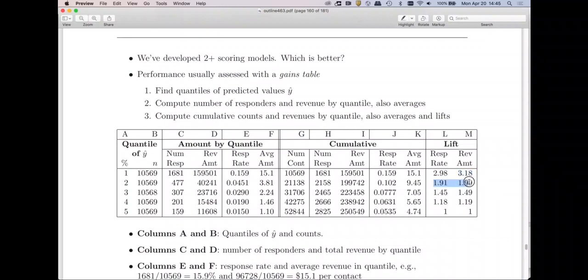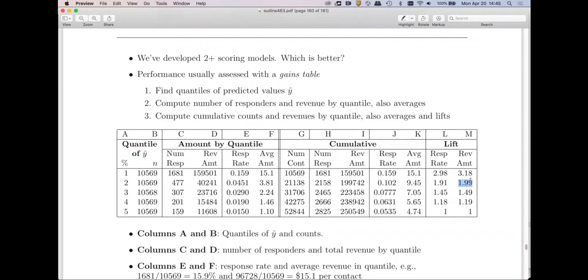So we could interpret the second decile in the same way, where you can see that instead of getting a 5.35% response rate, using my model, I'm up to 10% cumulative response rate. And so that's almost double the response rate. And likewise, I'm doubling my money generated per customer.